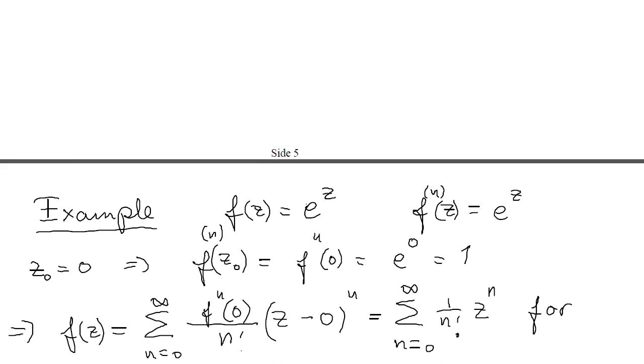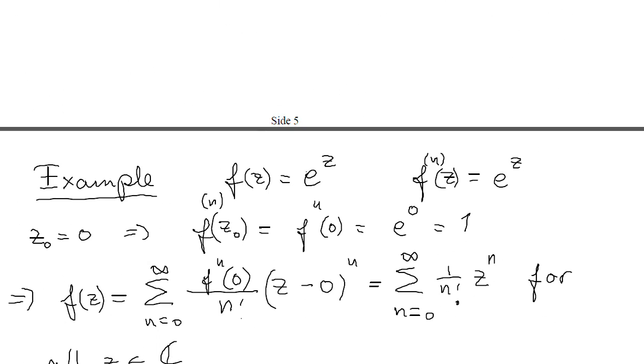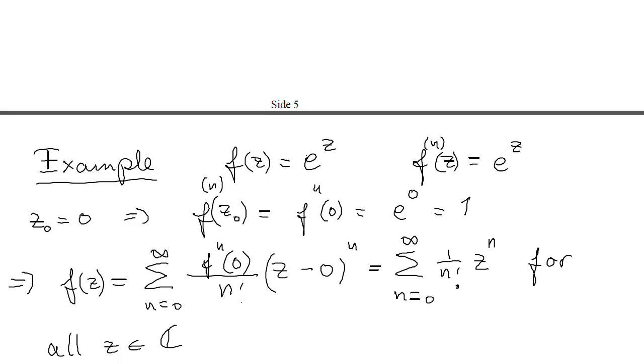Let's now give an example of the use of this theorem. If, for example, we have the function f of z equal to the exponential function of z, then we know that all derivatives of the function f are in fact equal to the exponential function.